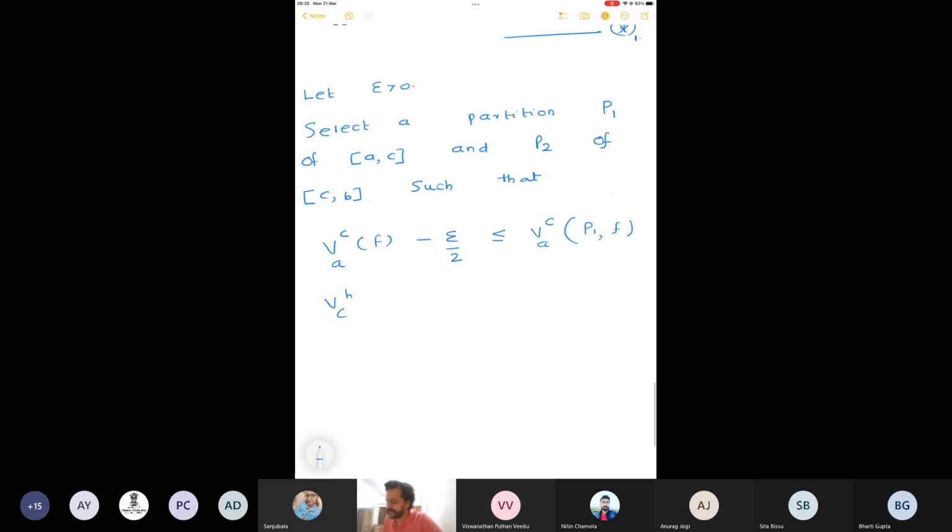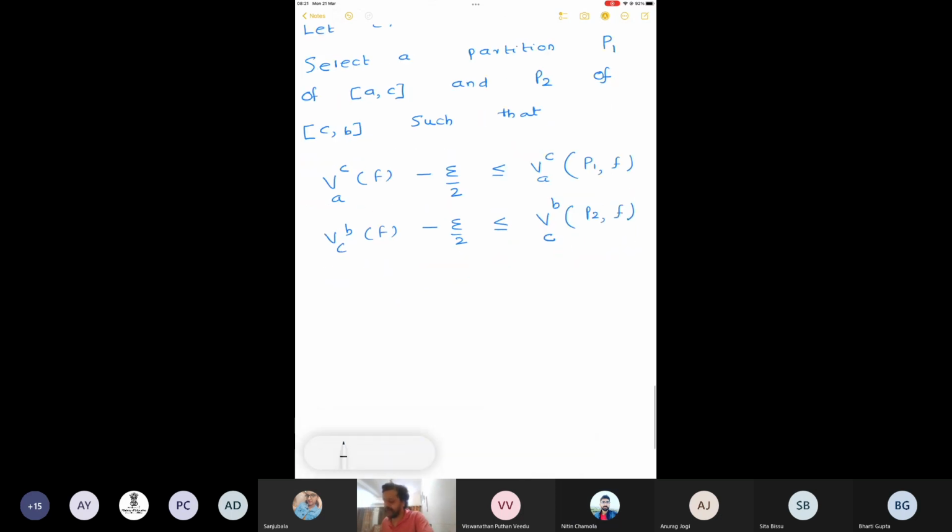Similarly, V over CB of F minus epsilon by 2 is less than or equal to variation of F over the interval CB corresponding to partition P2. Do you agree with this? Yes, sir. Simply the definition of supremum. Okay.